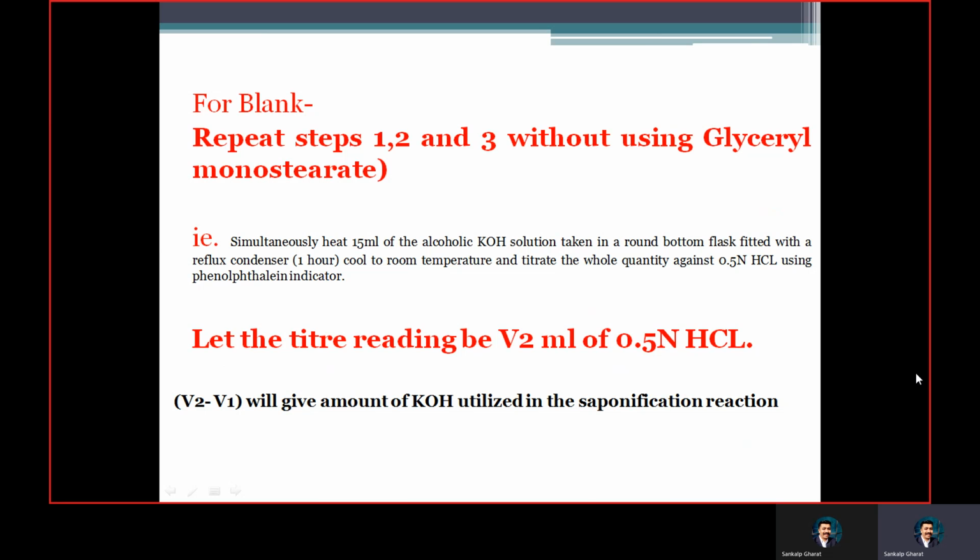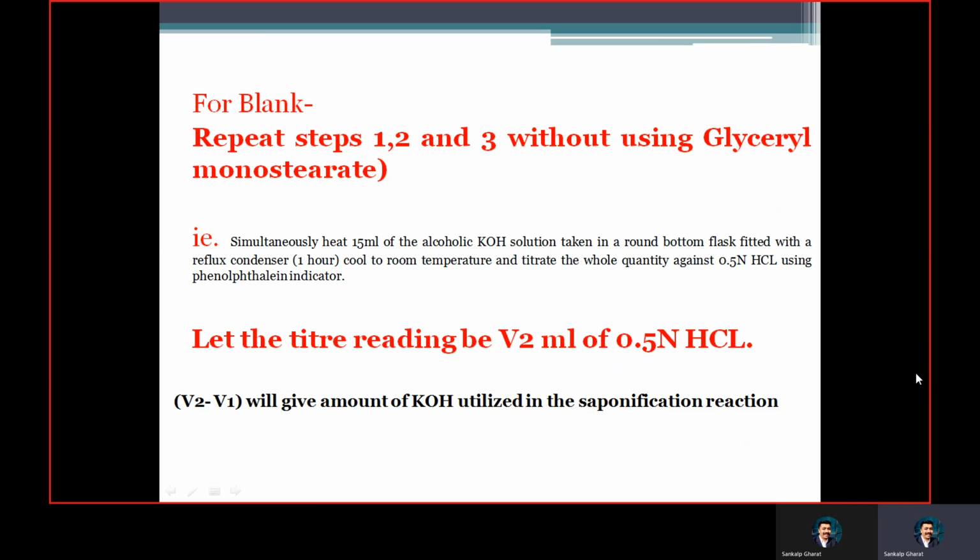Reflux it for 45 minutes or 1 hour, cool to room temperature, and titrate again with 0.5 normal HCl using phenolphthalein as an indicator. The process is the same as steps 1, 2 and 3, but we will not be adding glyceryl monostearate. After titrating, the titer reading for the blank would be V2 ml of 0.5 normal HCl.